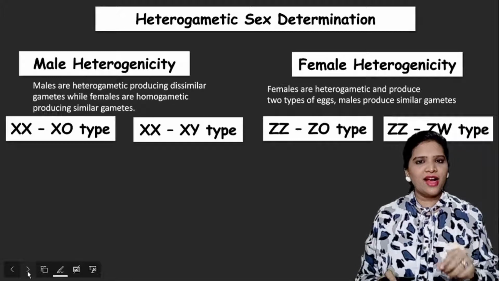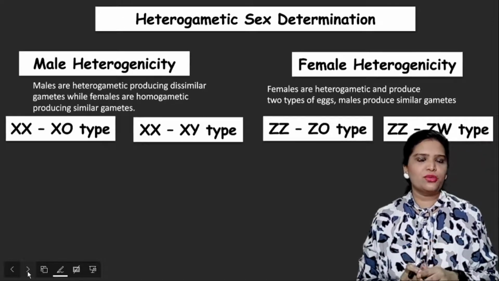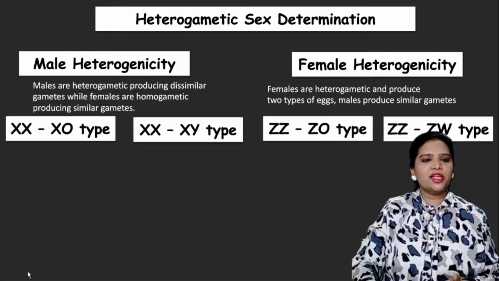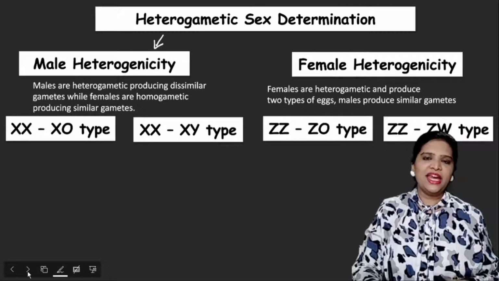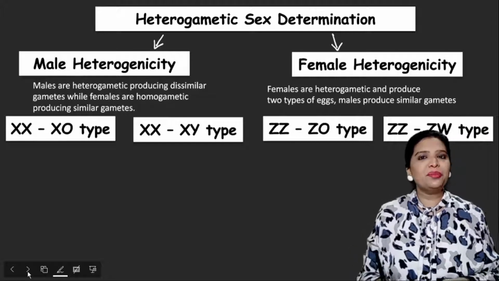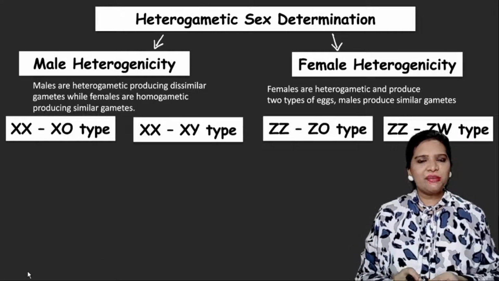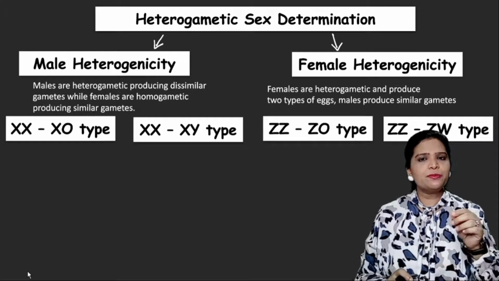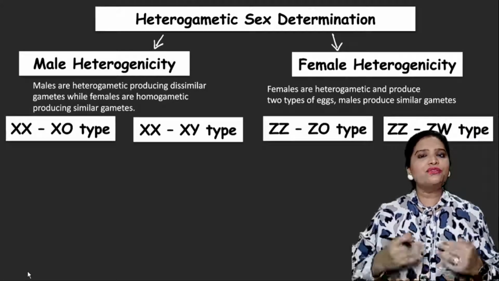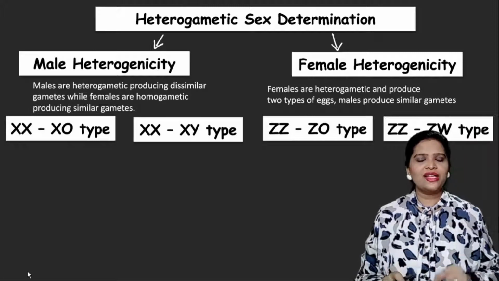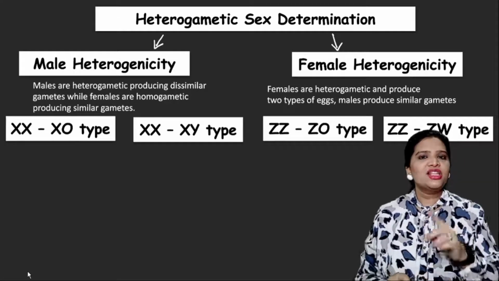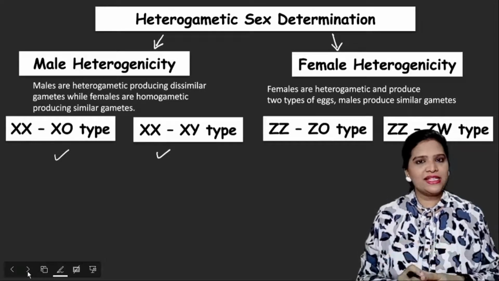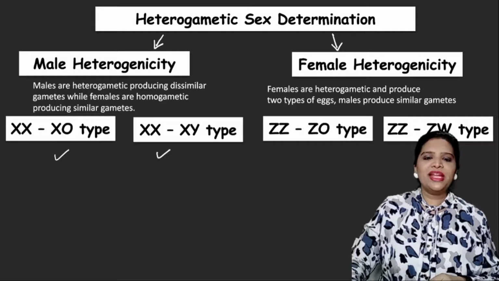How does sex determination occur in these heterogametic chromosomes? There are two types of sex determination: male heterogamety and female heterogamety. What is male heterogamety?